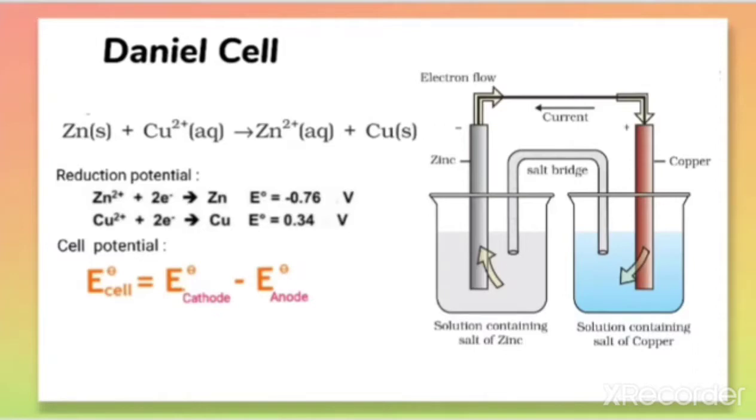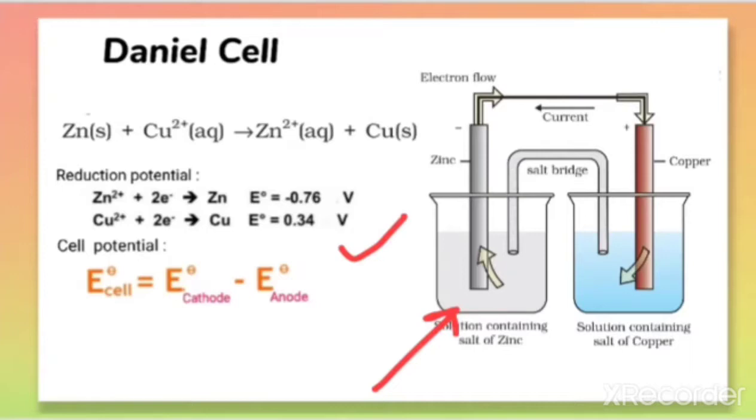Now we can substitute the values. This is the cathode side and this is the anode side. On the cathode side copper is there, so we take the reduction potential for copper. And for E naught anode we take the reduction potential for zinc, because the zinc electrode is on the anode side.